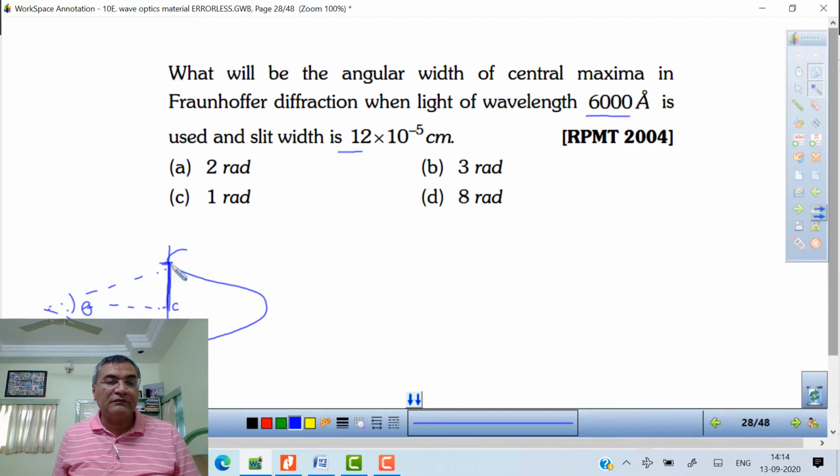We use the condition for the minima. Minima ની condition apply કરવાની. So we have d sin theta is equal to n lambda. It is the condition for minima. તમને એમ થાય question is asked for maxima, and we are using minima, because up to here maxima is spread.